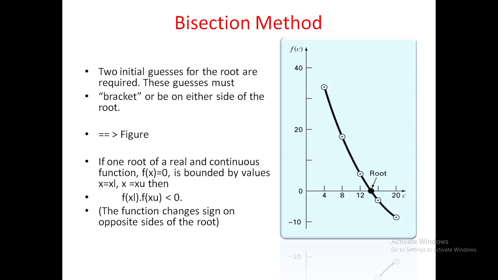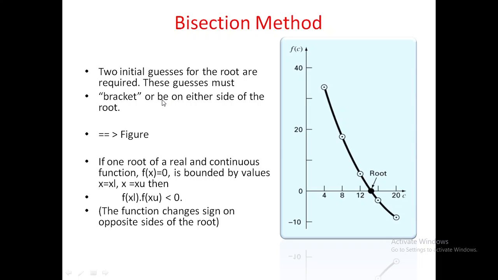If two initial guesses are given, suppose x1 and x2, then the first approximate value of the root of the equation lies at the mid value of x1 and x2. Here I have shown two values, xl and xu. XL is the lower value and XU is the higher or upper value.